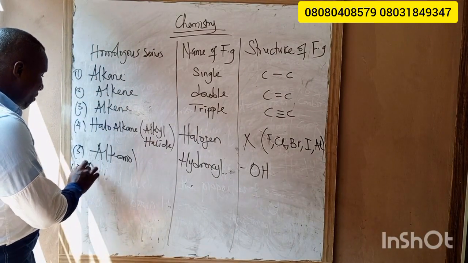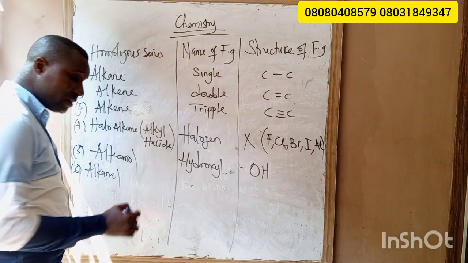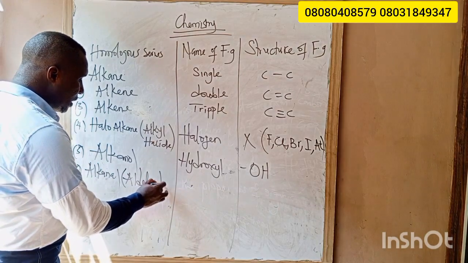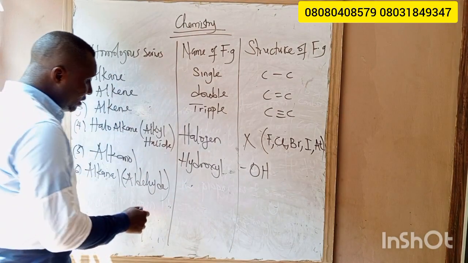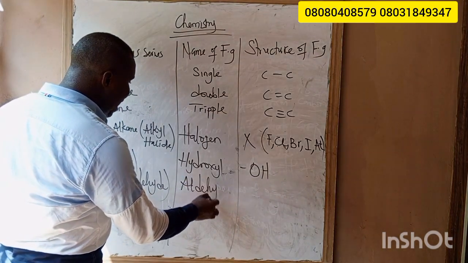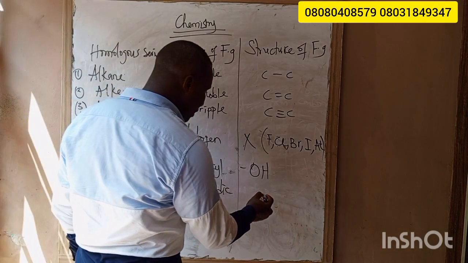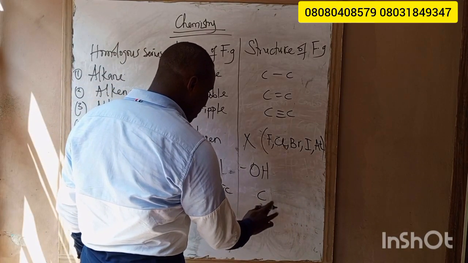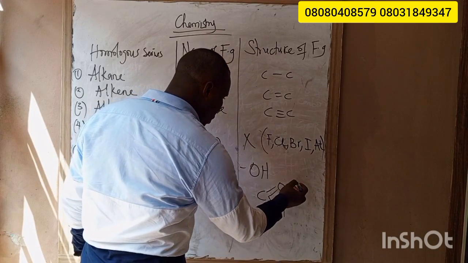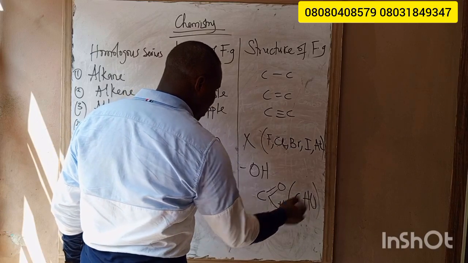Number six, we have alkanal, another name, we are still going to take them, aldehyde. The name of the functional group is what? Aldehydic functional group. The structure is CH, which is also CHO. This is the structure. Take note.